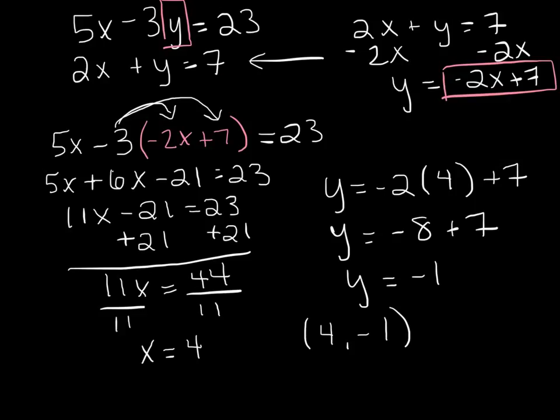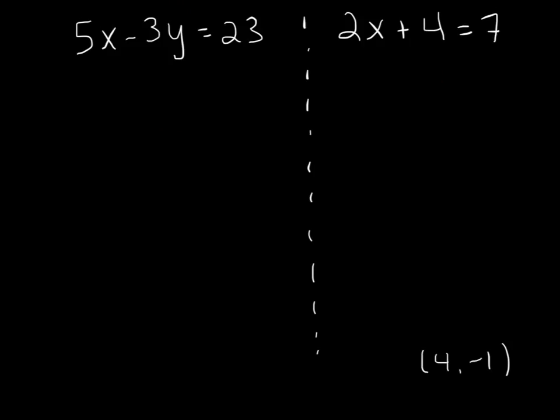Okay, so if we wanted to check this, let's go ahead and try that. It's important that we always check our answer to make sure that we did the right steps the whole time. So we can take our first equation, and we're testing this point 4, negative 1, making sure that our left-hand side is equal to our right-hand side.